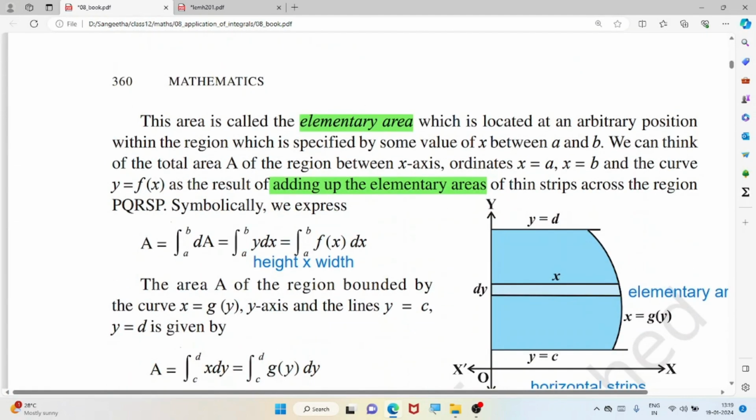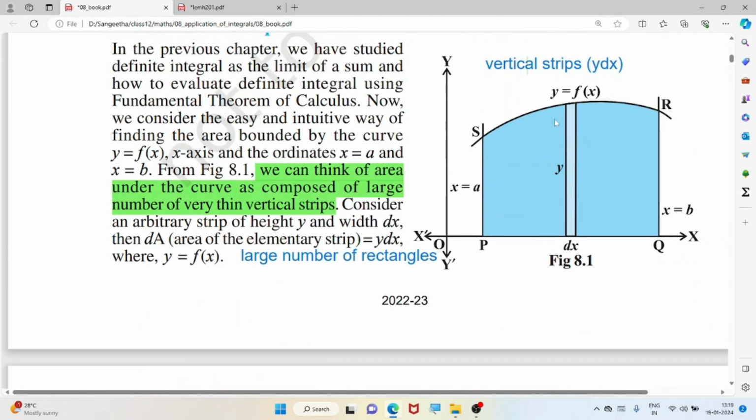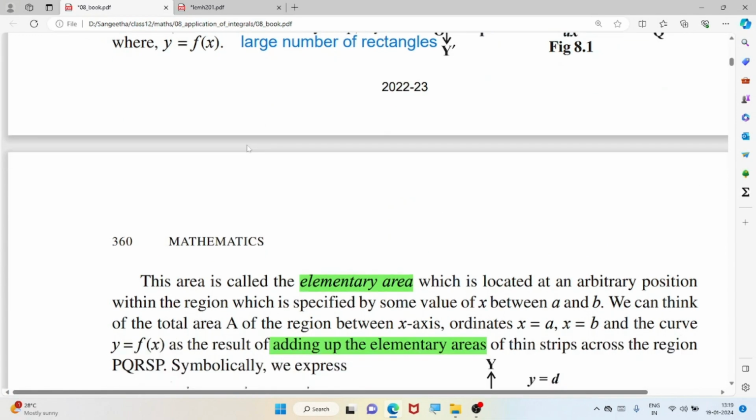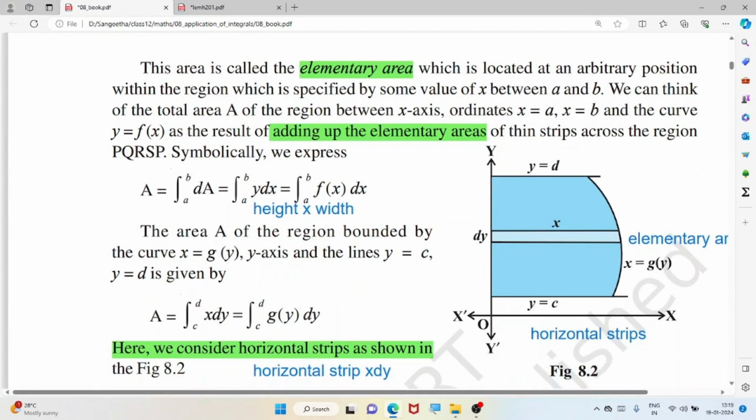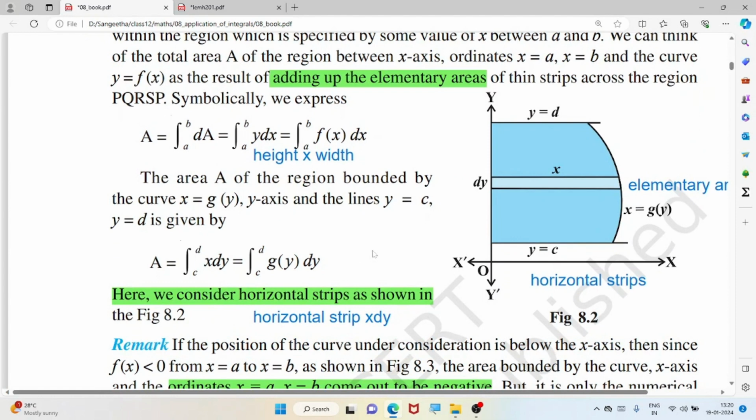That area is called the elementary area. We have to add so many elementary areas, adding up all the elementary areas, to find the area of the shadowed region. So that is a vertical strip.